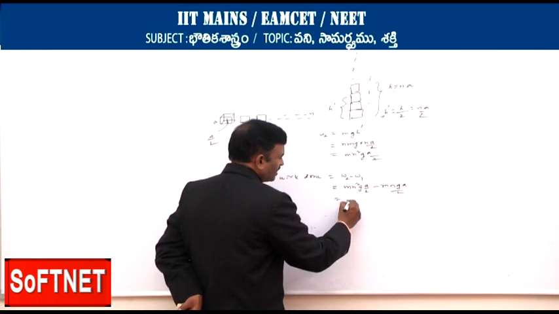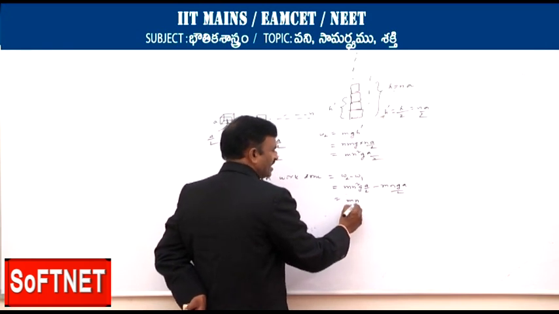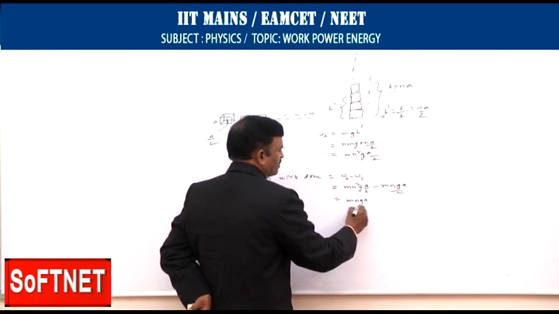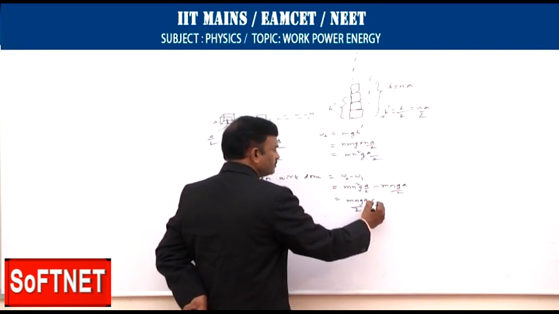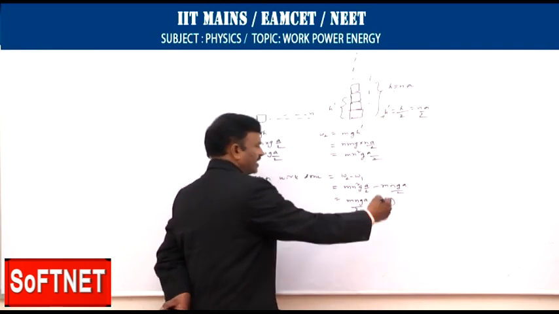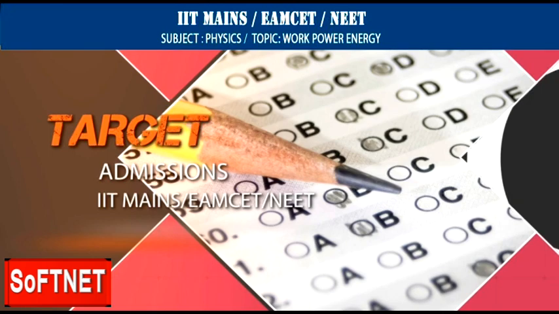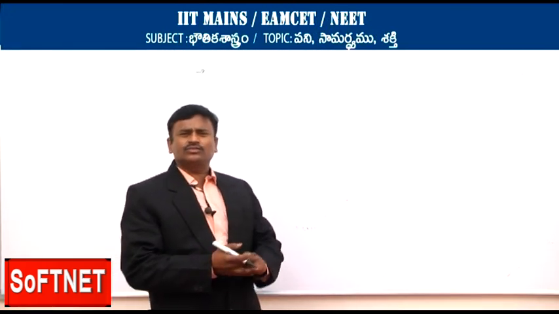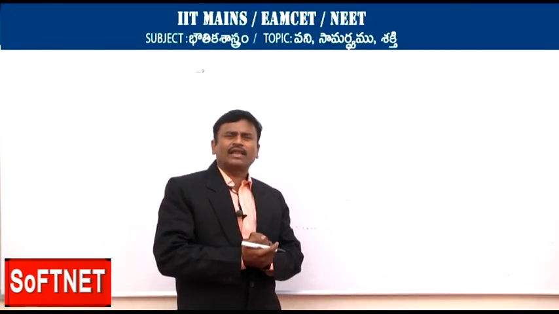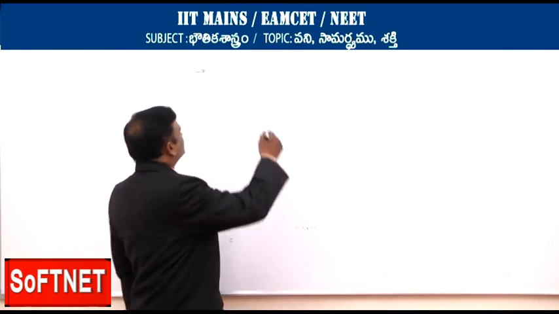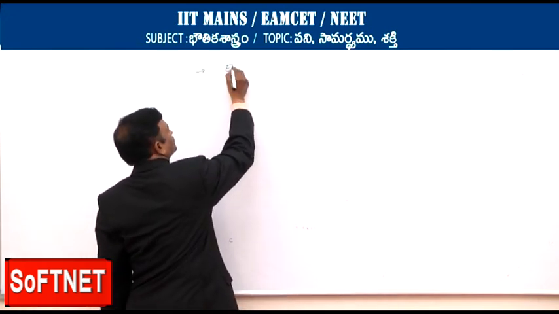Now clearly we can take m n g a by 2 common, and n minus 1 will remain. This is the expression for the work done to lift the body. We saw in different models how to calculate the work. Now let us see the next part, which is energy.